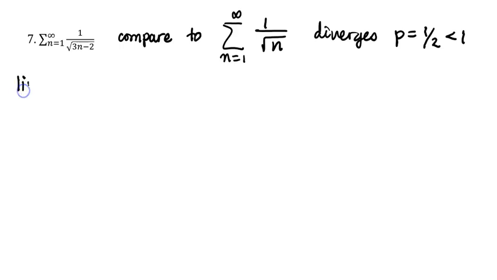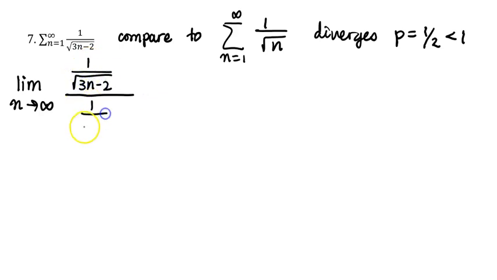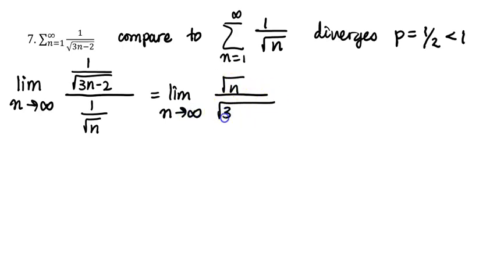So I'm now going to look at the limit as n approaches infinity. It does not particularly matter which one you put in the numerator and which you put in the denominator. When you simplify this expression, it should be rather straightforward to calculate this limit.